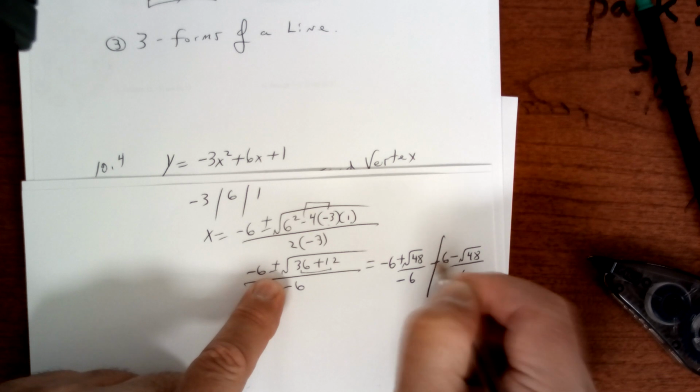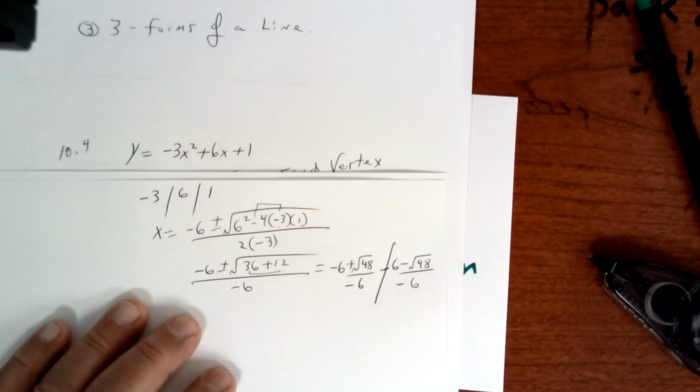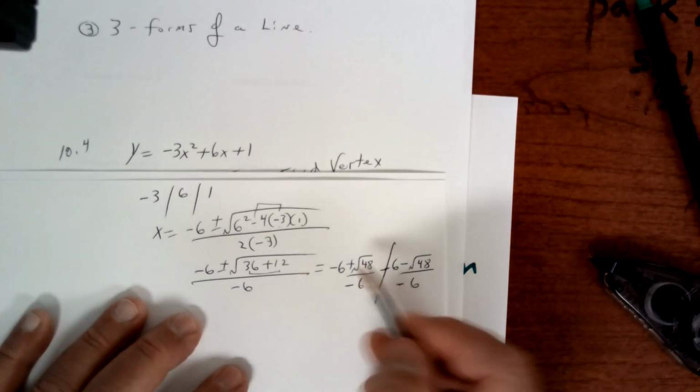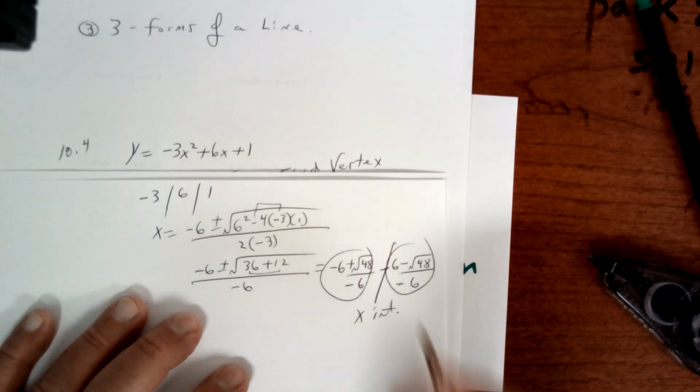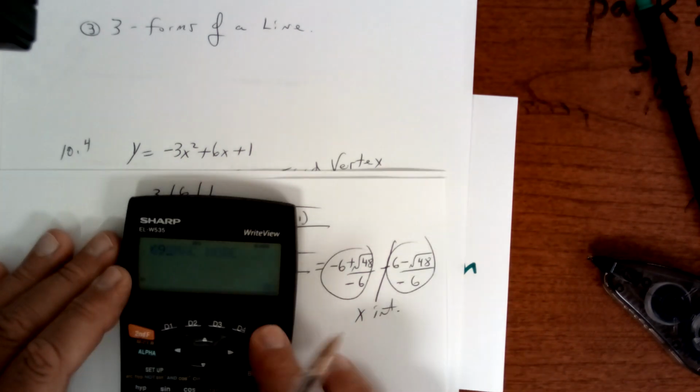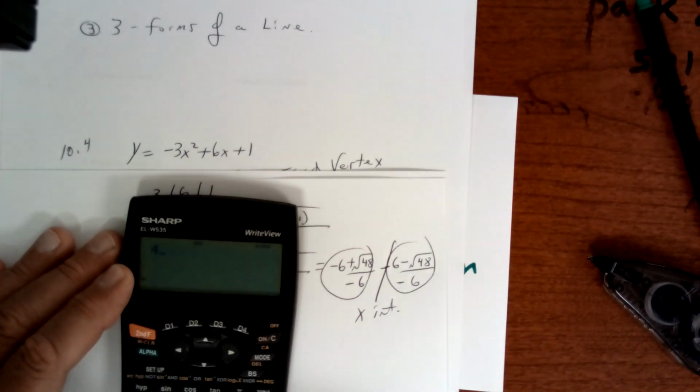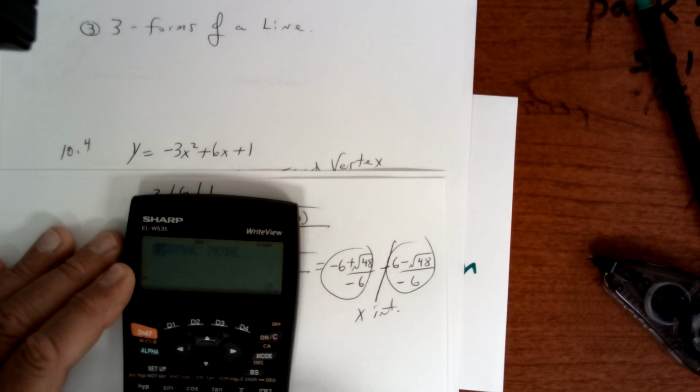Now you got to use your calculator on this, okay? These are your x-intercepts. Write that down, x-intercept. Now how would you do this? Well, you'd have to take 48 and hit the square root button. My calculator, I got to do the square root of 48. So I get 6.9.